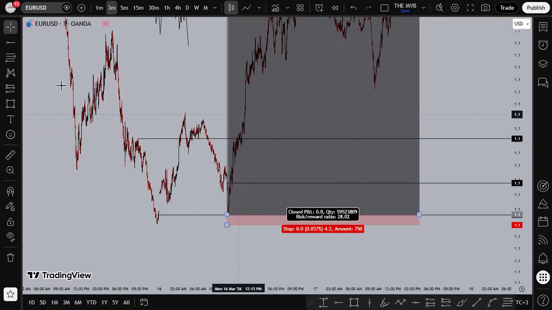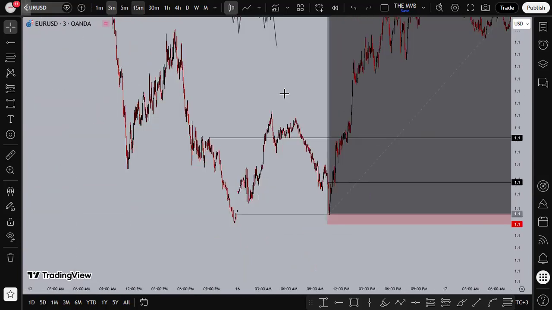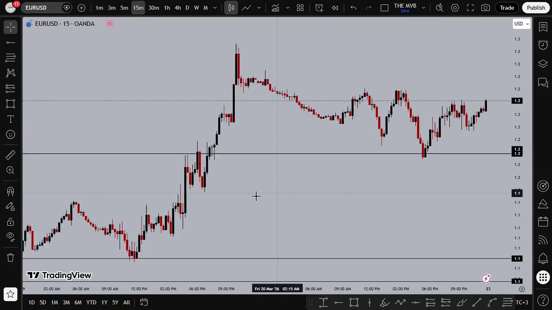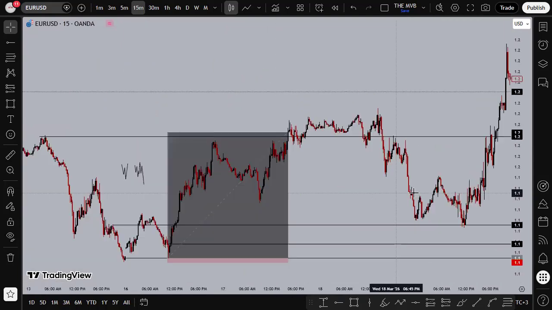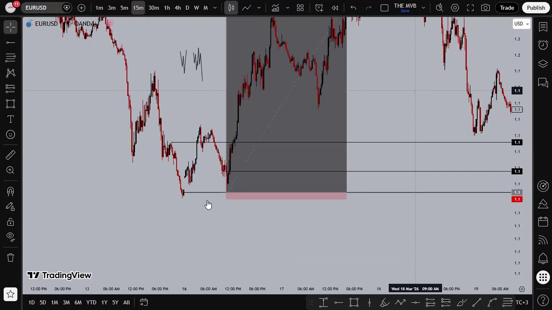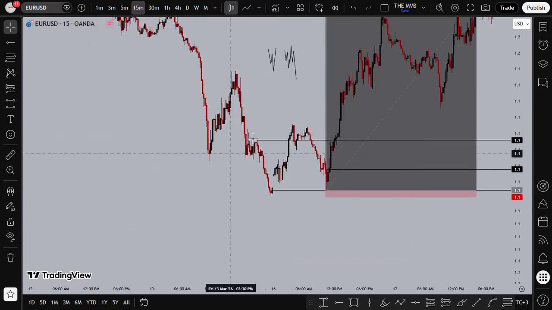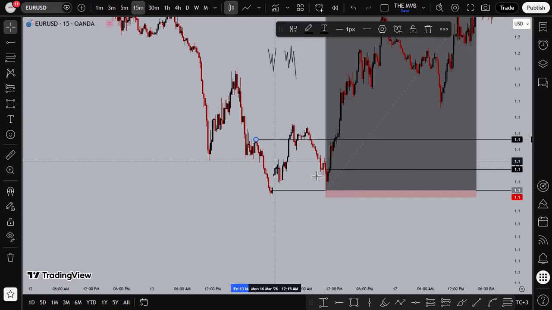But the 15 minutes was the one I used as my base, my constant time frame. And in the constant time frame, you can see this was the change of character, and it has inside formations.